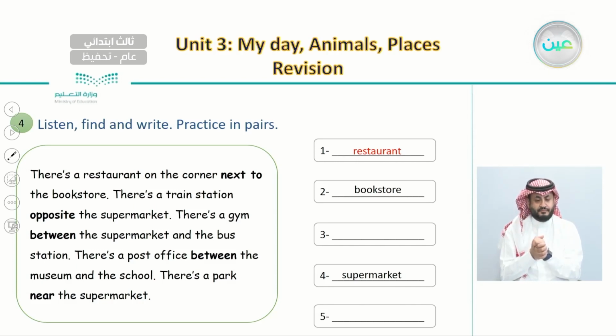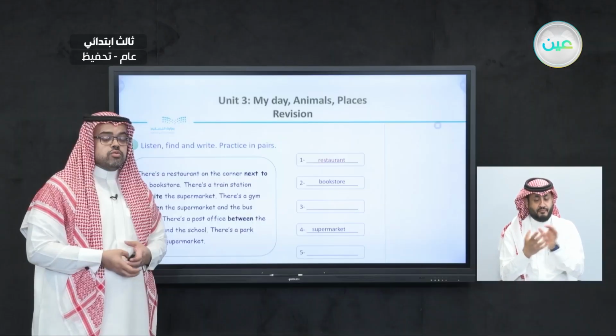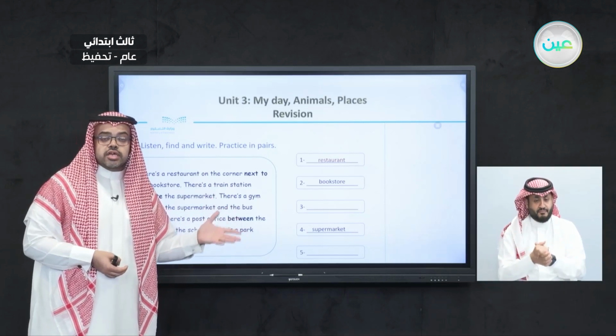There is a train station opposite the supermarket. So here we have 2 places: the first one is a supermarket and the second one is a train station.